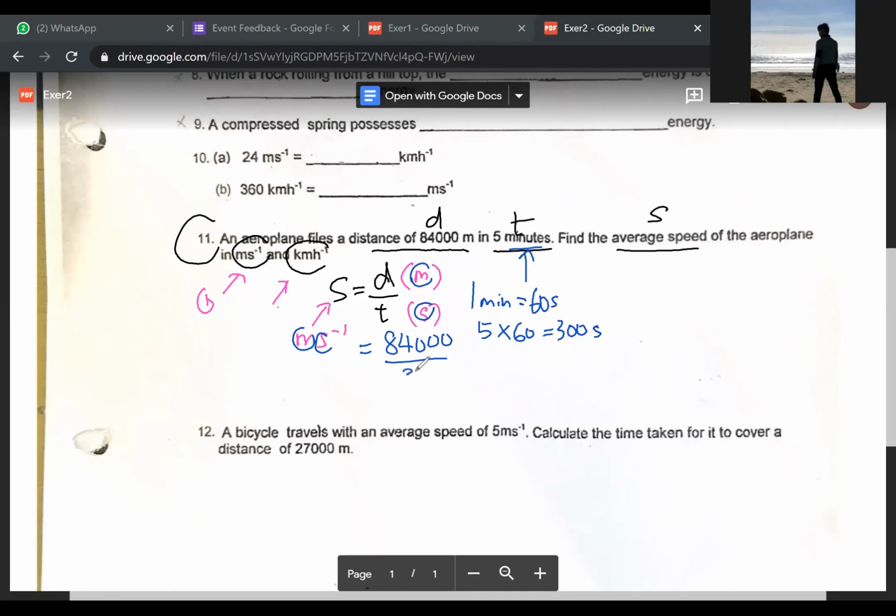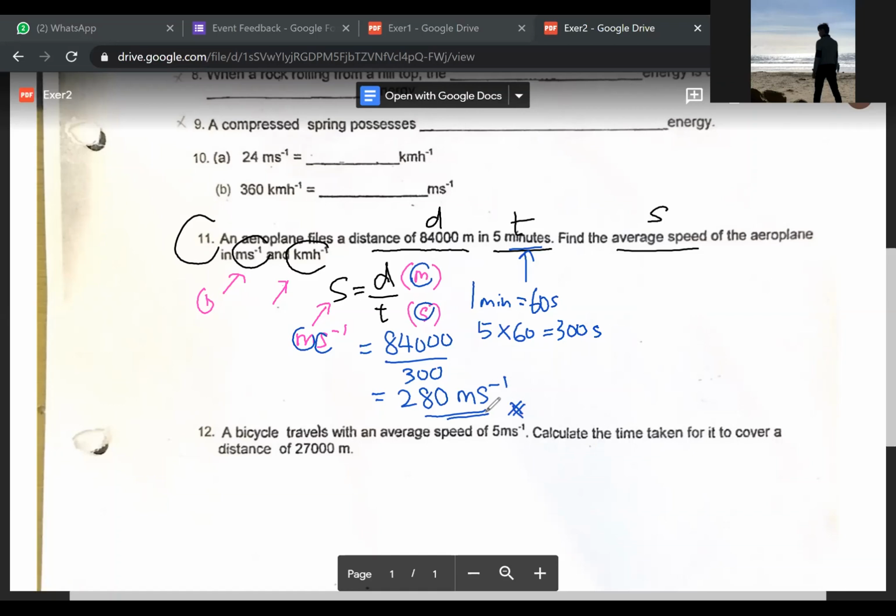So 300 down here. Check out your calculator. You get 280 meter per second. This is your answer in meter per second.